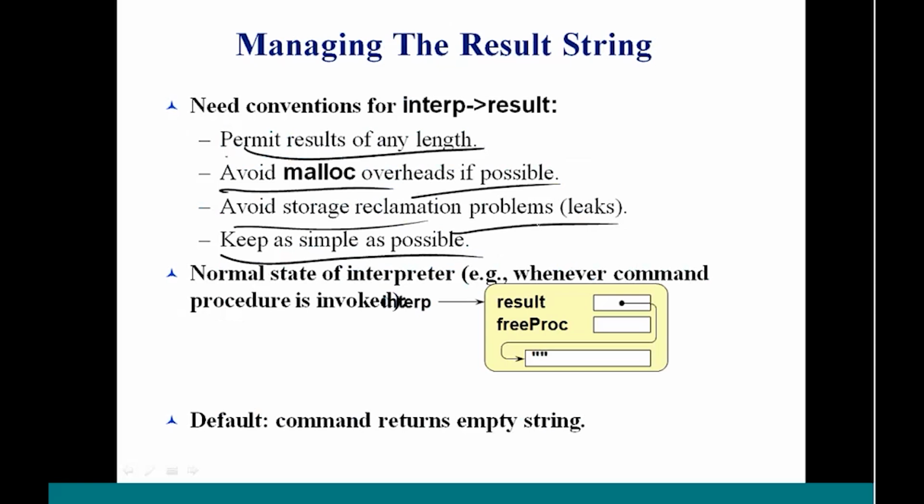The last one is easier said than done, but that's what we need to strive for. And then the normal state of the interpreter is to invoke the interpreter essentially.